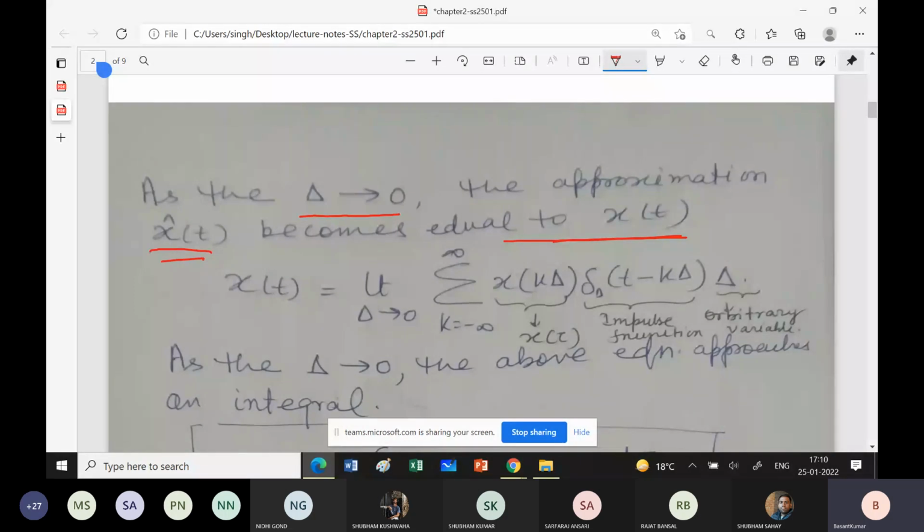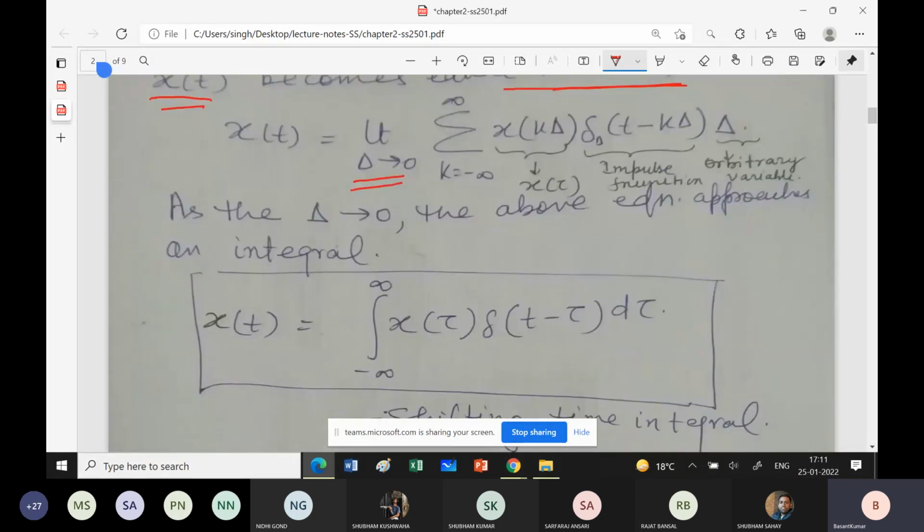So when we take the limit and take this delta approaching 0, this summation operation can be replaced with an integration operation, where x(k delta) is represented by x(tau), the delta is the impulse function, and d tau is an arbitrary variable.